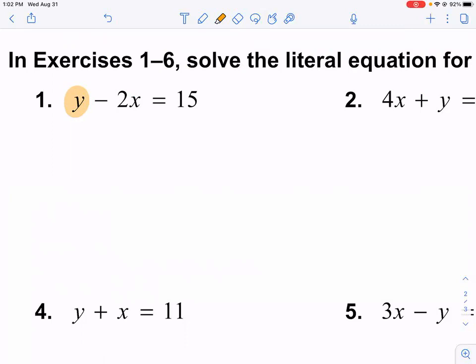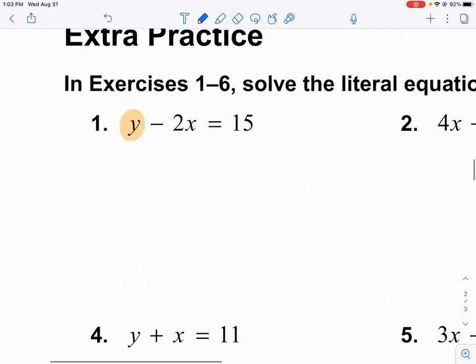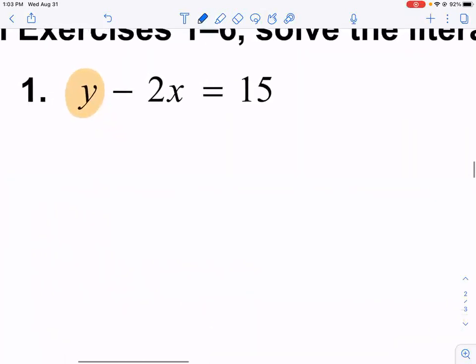Okay, so in number 1, we want to get y by itself. Well, I see minus 2x right after it. How do I get the 2x to the other side? Colin? How do I get 2x to the other side? How is it being tied to y? Is it being subtracted? Is it being added? Is it being multiplied?